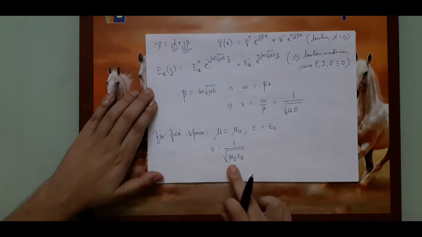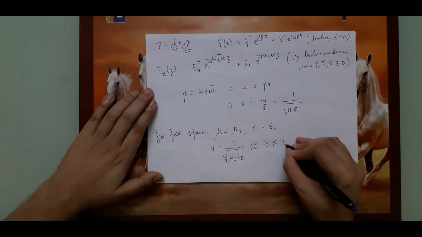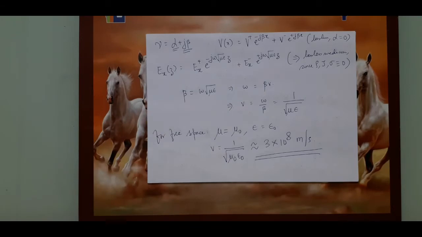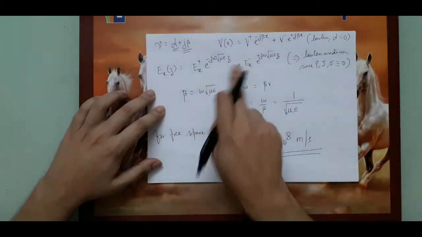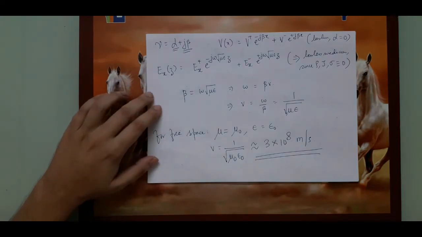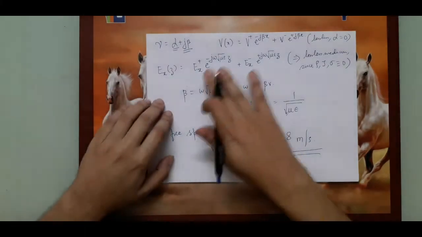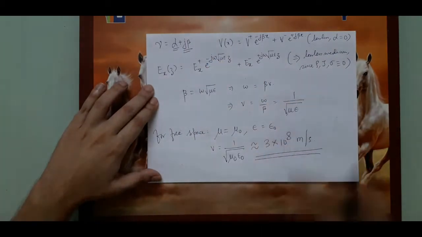And if you substitute the values of mu 0 and epsilon 0 that you very well know, you will see that this value is almost equal to 3 into 10 raised to 8 meters per second, which is nothing but the velocity of the electromagnetic wave in free space. So today we have proved a very important result. We have seen that the expression for the solution of the wave equation is nothing but a pair of waves which are very similar to a pair of waves on the transmission line. And using that same theory, we saw what is the velocity of the wave.